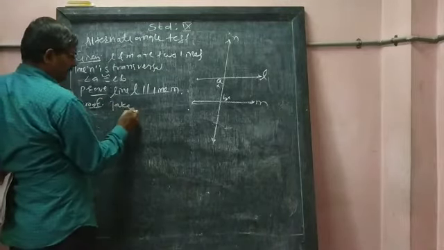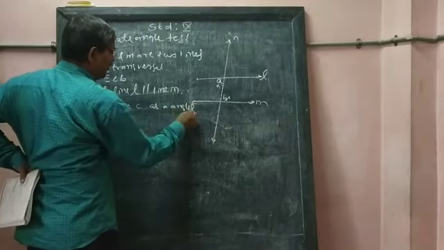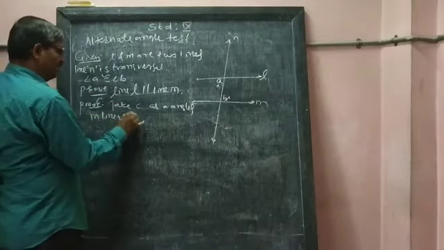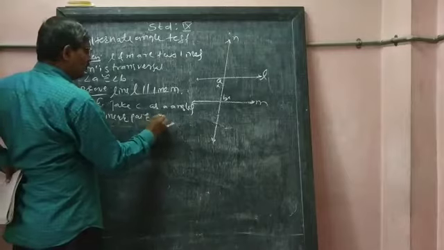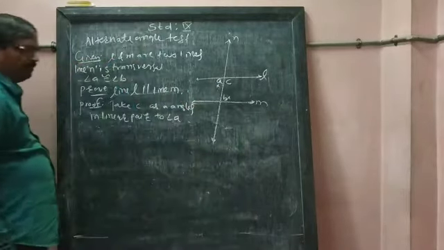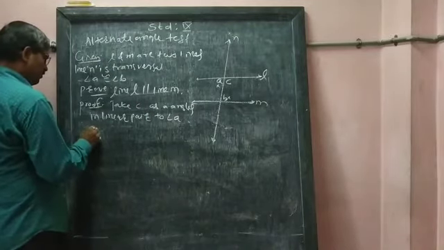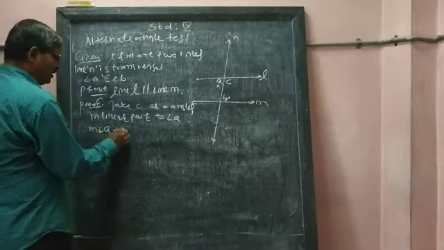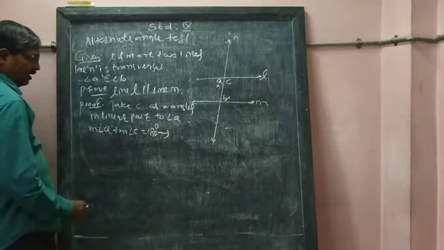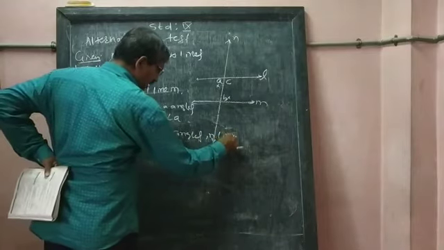Take angle C as angles in linear pair to angle A. Means here I am going to take C. Then what happens? Look here. Measure of angle A plus measure of angle C is equal to 180 degrees. What is the reason? Angles in linear pair.